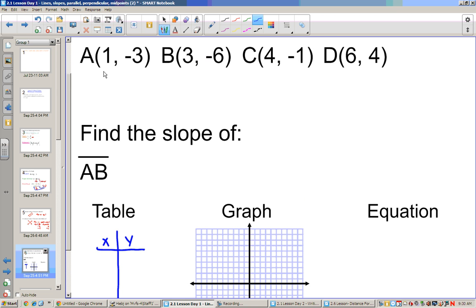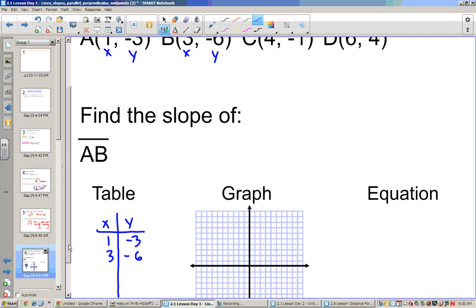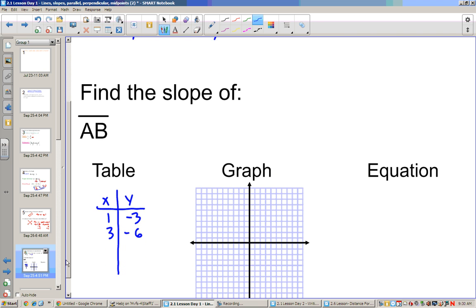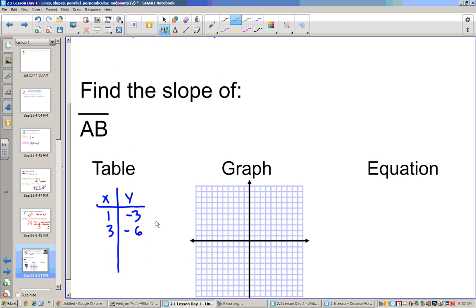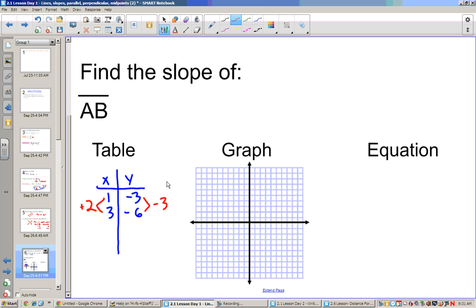So you go up here, x, y, x, y. So 1, -3, and 3, -6. Now, once I have them in a table, how do I go from 3 to -6? I subtract 3. How do I go from 1 to 3? I go up 2. And slope is change in y over change in x. So slope is negative 3 over 2.